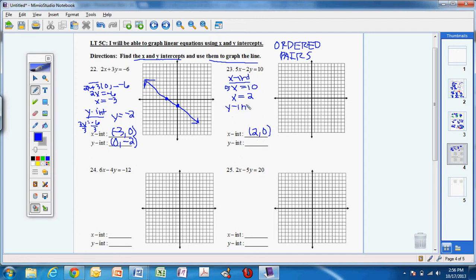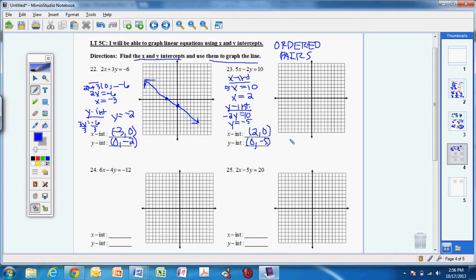And now my y-intercept is the y value when x is 0. My 5x, when I plug in 0, is going to go away. I'm left with negative 2y equals 10. Then dividing by negative 2, we're going to be left with y is equal to negative 5. So as an ordered pair, that's the point 0, negative 5.